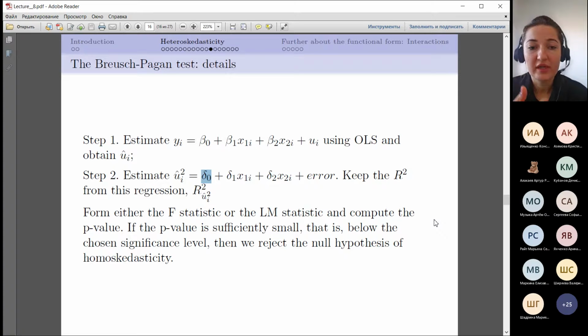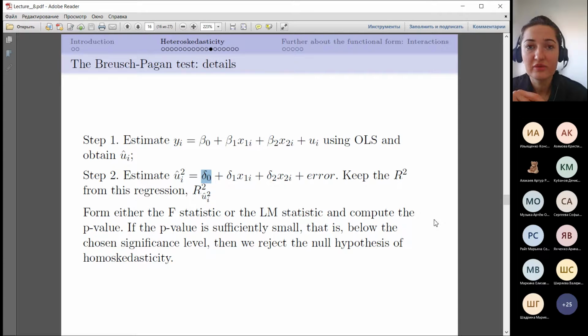For example, you can eliminate the normality assumption of your residuals, because the original Breusch-Pagan test that you run by default in Stata assumes that you have normally distributed residuals.